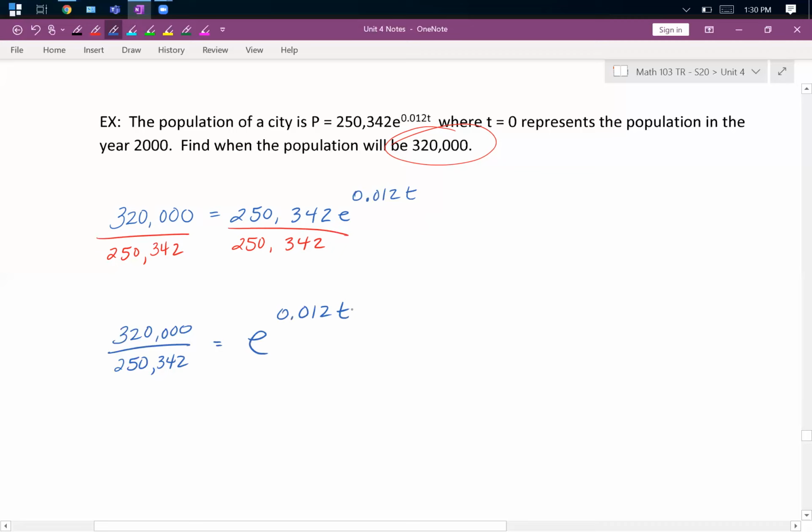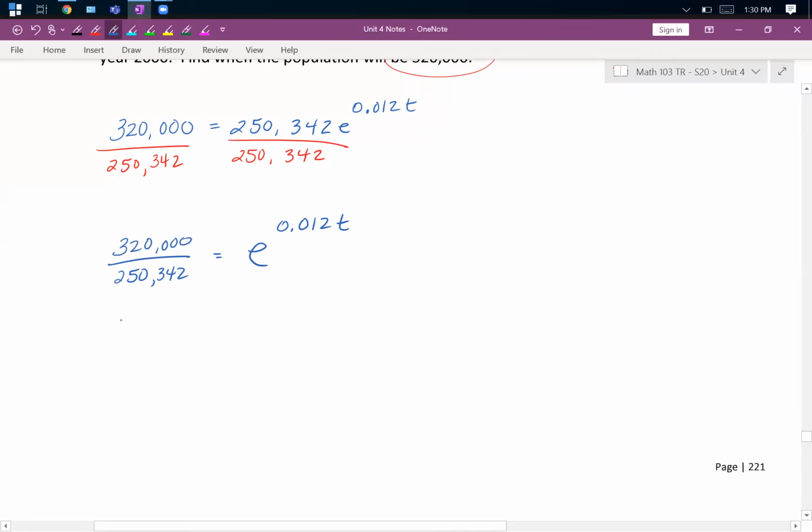Now that we have the exponential portion isolated, we can rewrite it in logarithmic form. This is exponential base e, so we're going to end up with logarithmic base e, which is our natural log. Natural log of this fraction is equal to 0.012t.